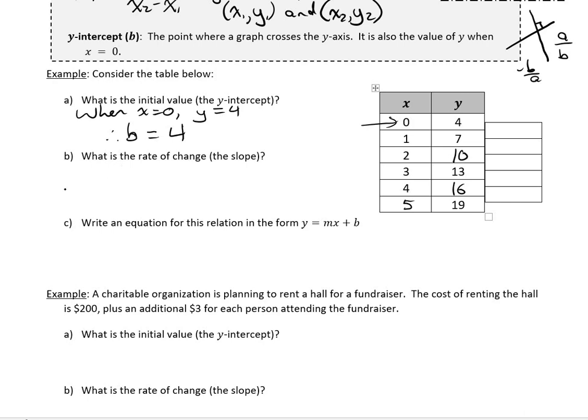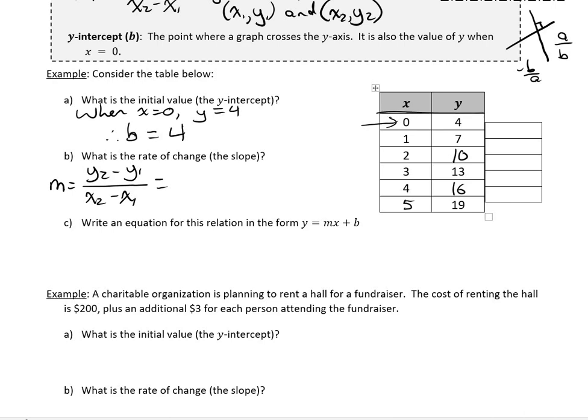The slope, well, let's try our formula. m is equal to y2 minus y1 over x2 minus x1. And when we're doing this, we can make our life a lot easier or more difficult depending on what values we choose for our 2 points.